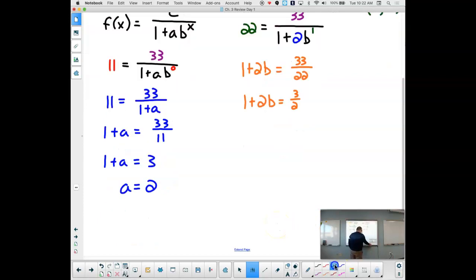Subtracting 1 from both sides gives me 2b equals 1/2.